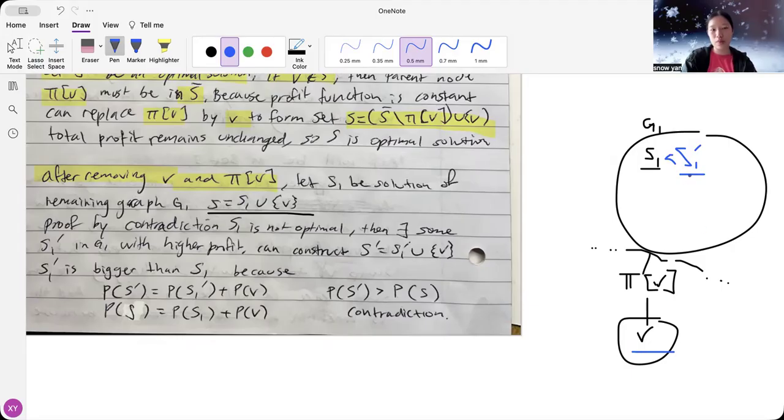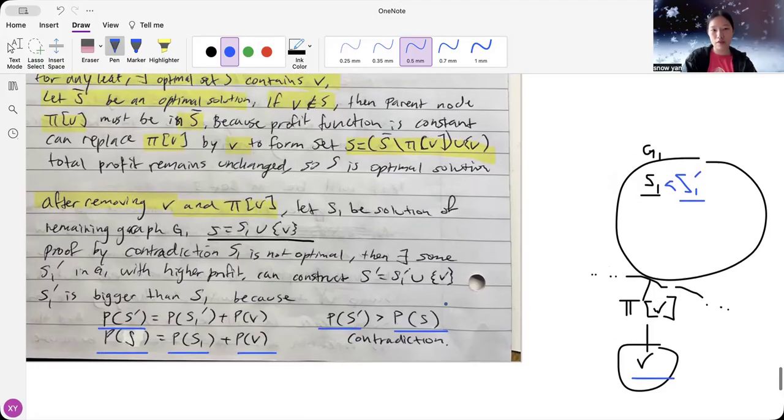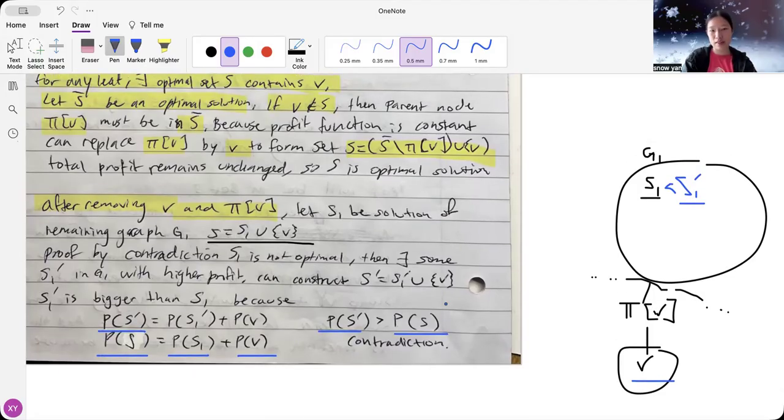So then S prime is bigger than S, because if we construct P of S prime to be P of S1 prime plus P of V, and P of S is equal to P of S1 plus P of V, then that would have meant that P of S prime is bigger than P of S. But this contradicts our first assumption that S was the optimal solution.